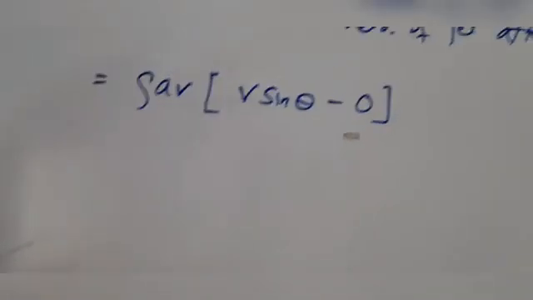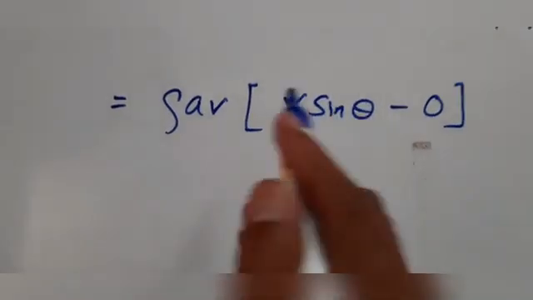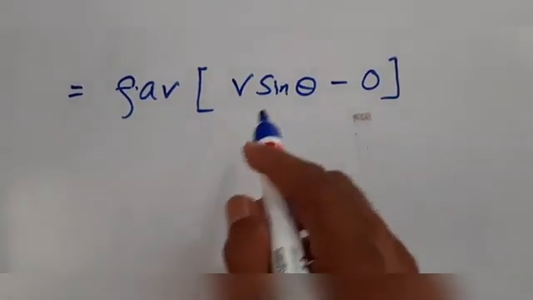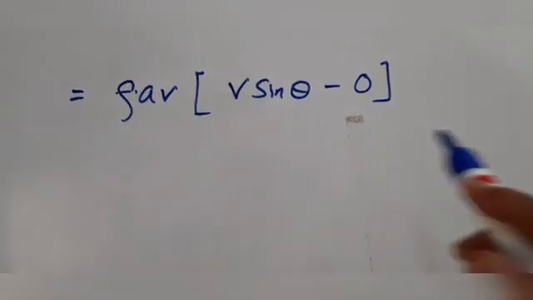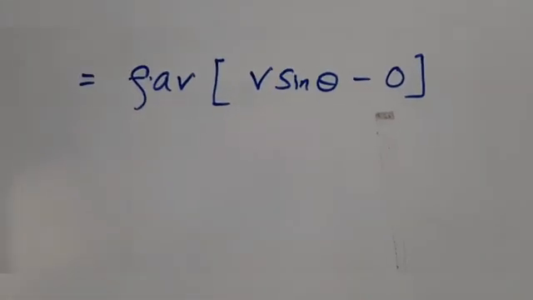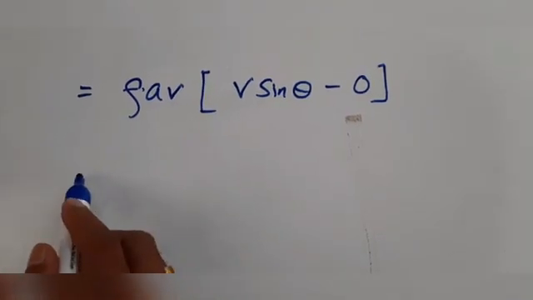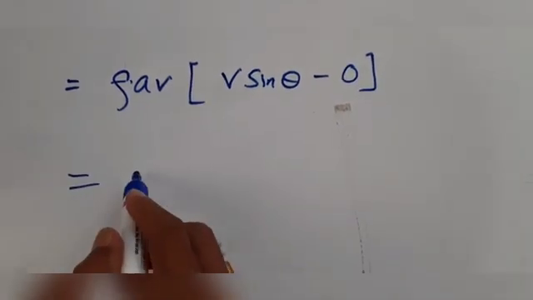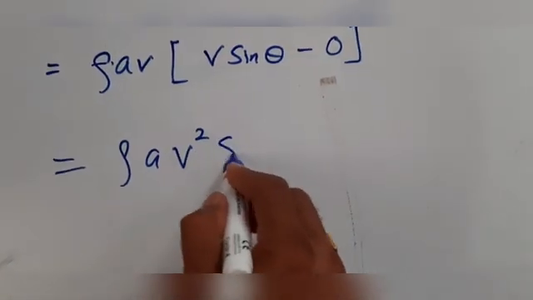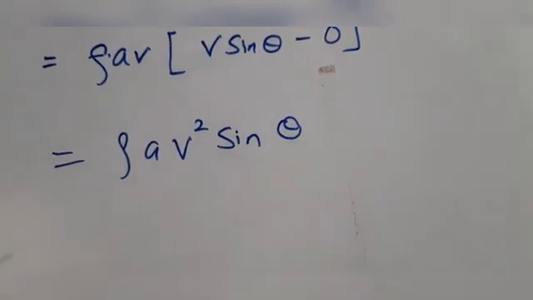After striking, in the direction of n there is no jet flow, but all the jet will flow in the direction of v sin theta as we have shown in the diagram. So this value comes rho a v square sin theta.